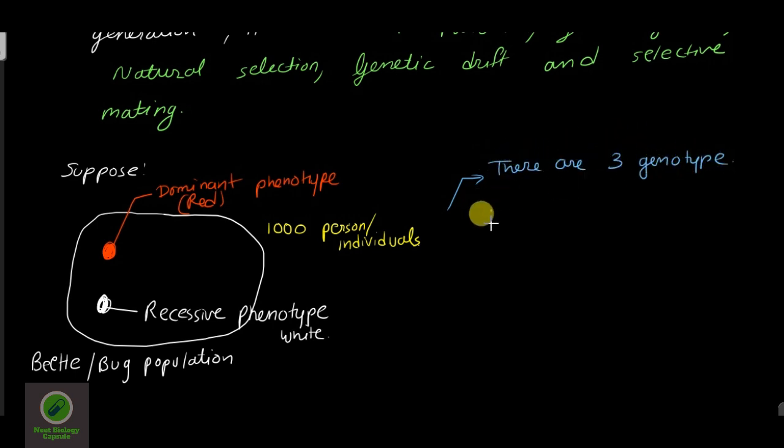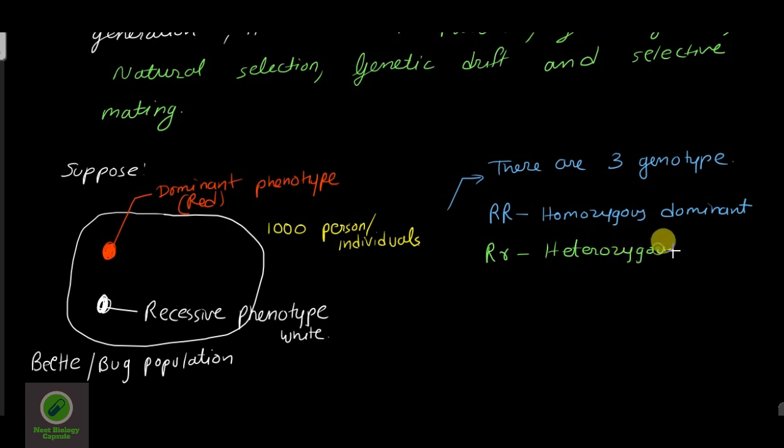Capital R represents the homozygous dominant individual. Capital R, small r is the heterozygous individual but with the red colored wing. So these both will have red colored wing. And small r, small r is homozygous recessive, which will possess white colored wing.